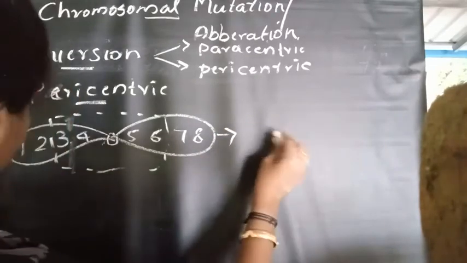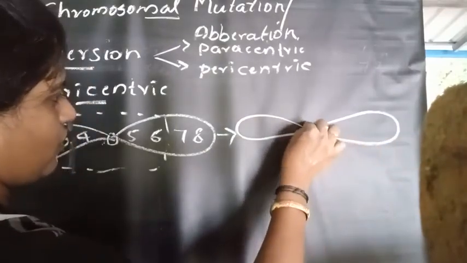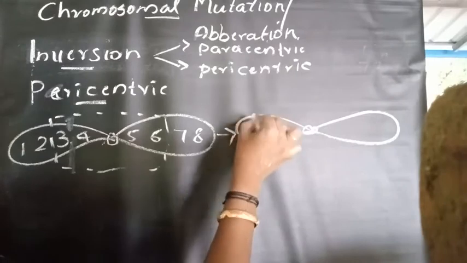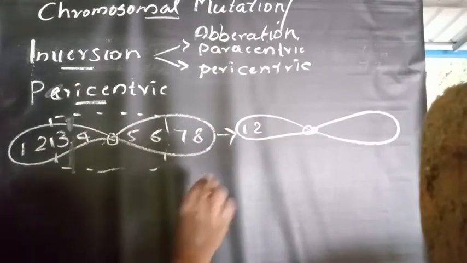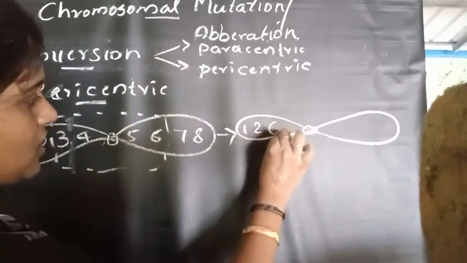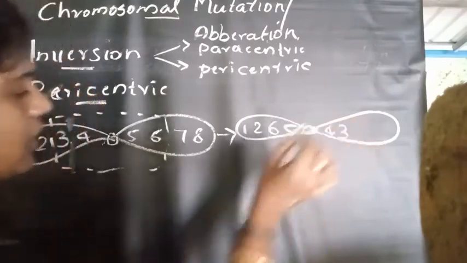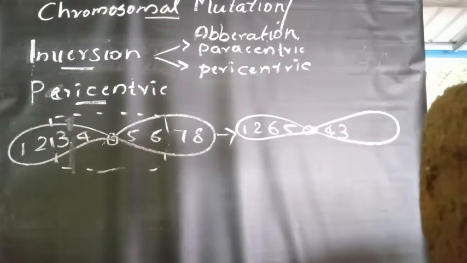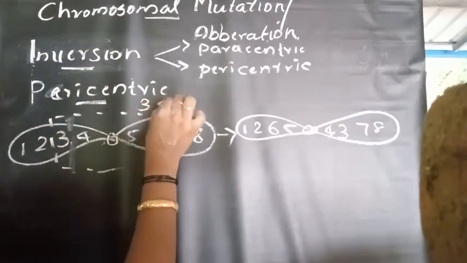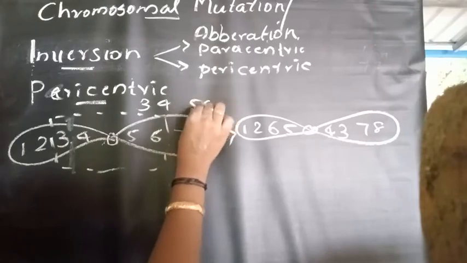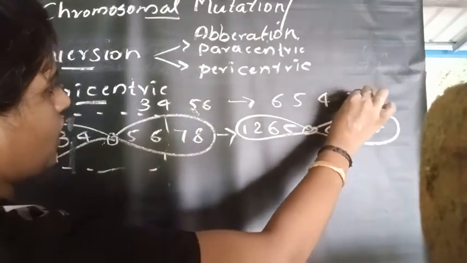After inversion, we will draw: 1, 2, then 6, 5. Here it is changed. Then 4, 3, then 7, 8. So 3, 4, 5, 6 are changed to 6, 5, 4, 3.